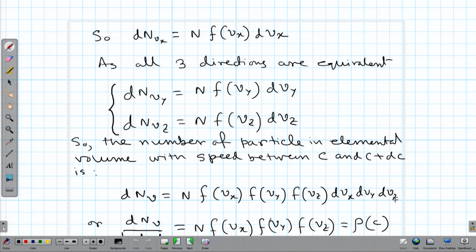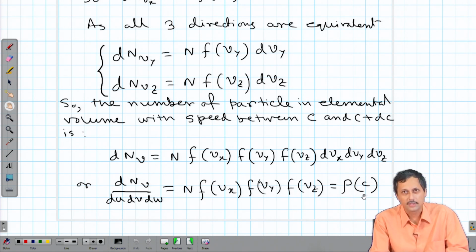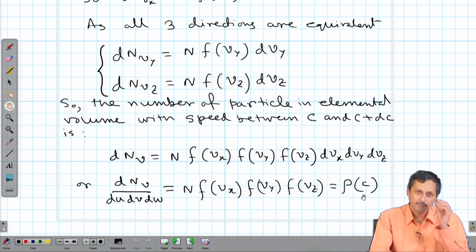And if I now bring this elemental volume into the denominator, what do we get? We get the density of molecules with speed lying between c and c plus dc. And as we have already said, once we fix the value of c, rho c is a constant.